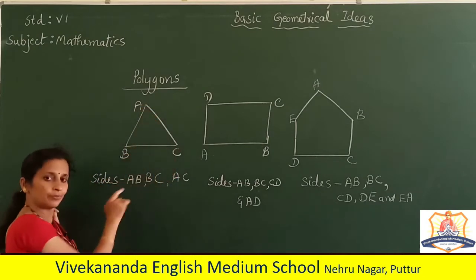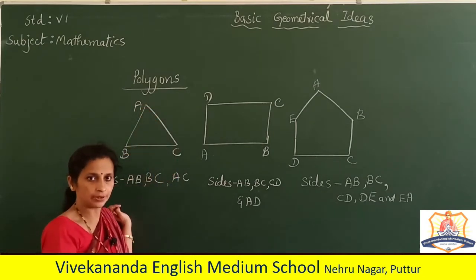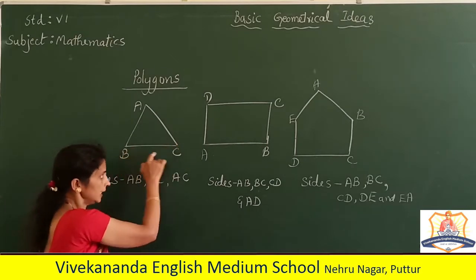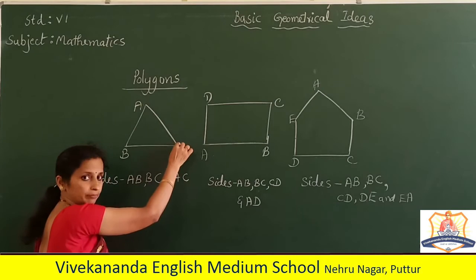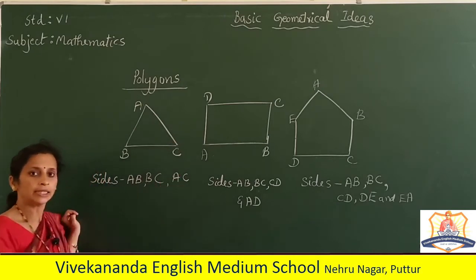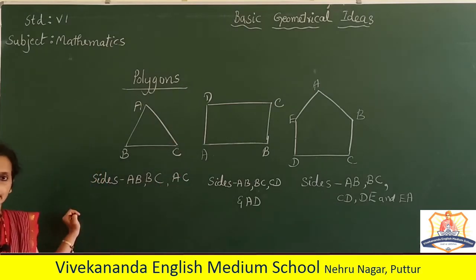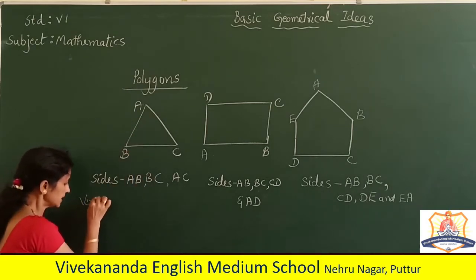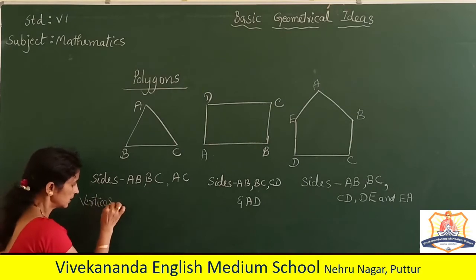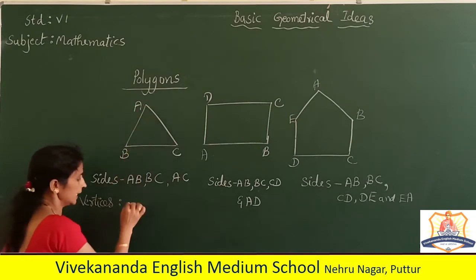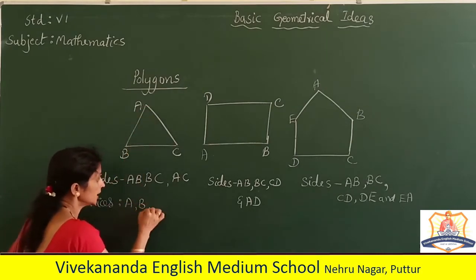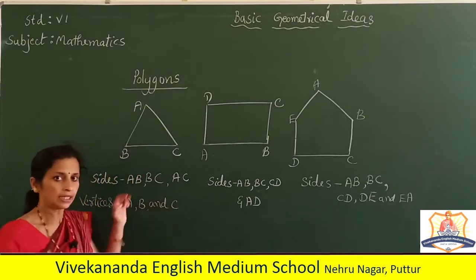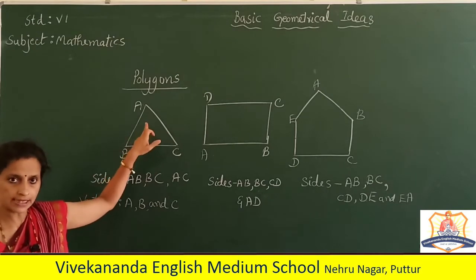And you can see one more vertex, that is C. So this is the vertex where side BC and AC meet. The plural form of vertex is vertices. So you can see 3 vertices here. They are A, B and C. There are 3 vertices for this triangle.